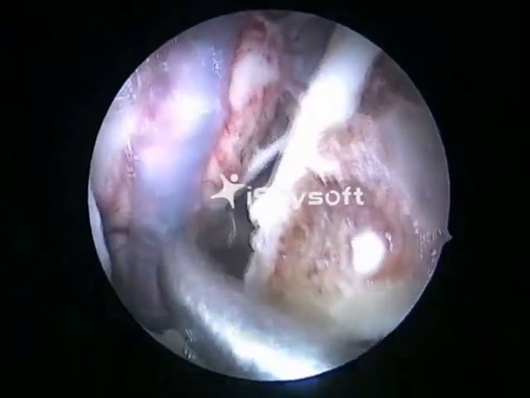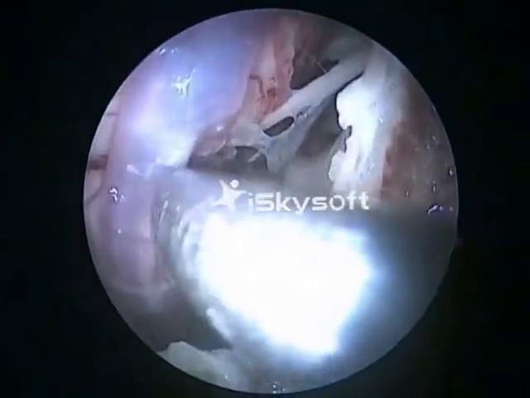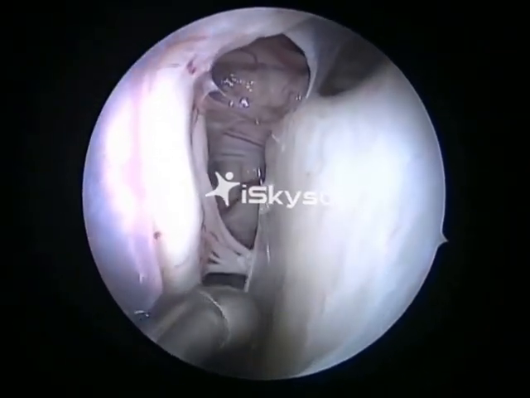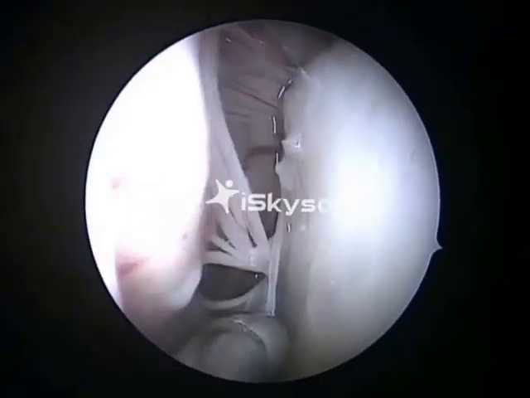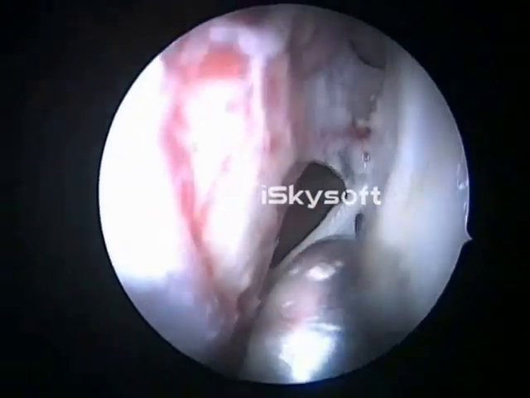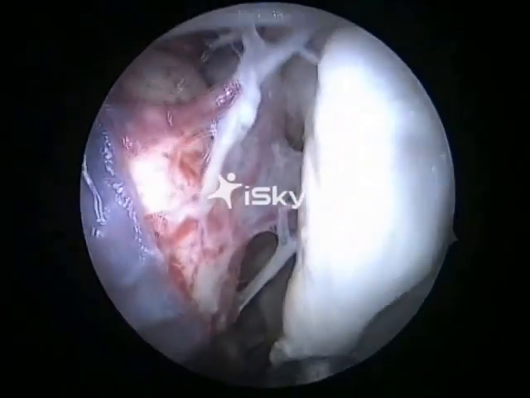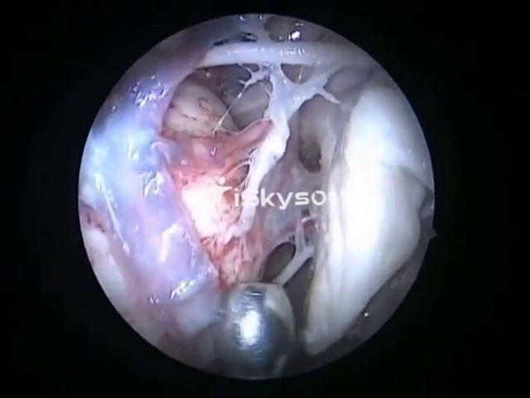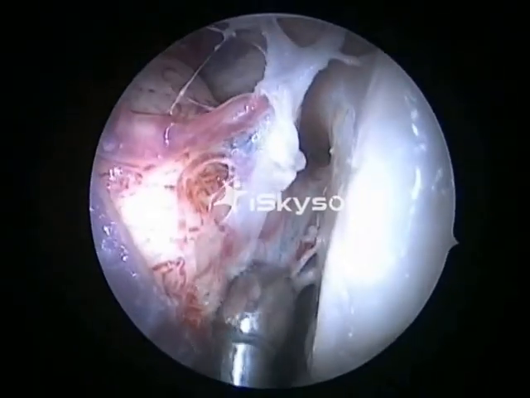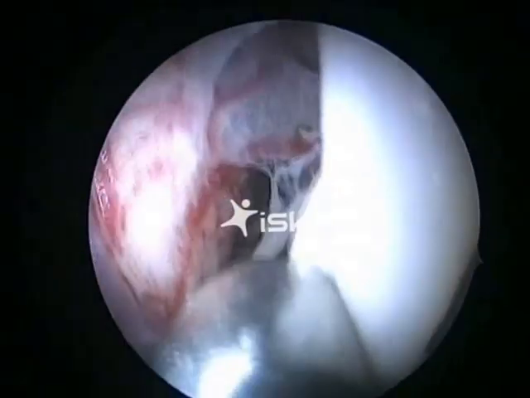The cranial nerves we see are, that's the 12th cranial nerve, that's the 6th going laterally into the Dorello's canal. The sixth going into the Dorello's canal, very clearly seen.